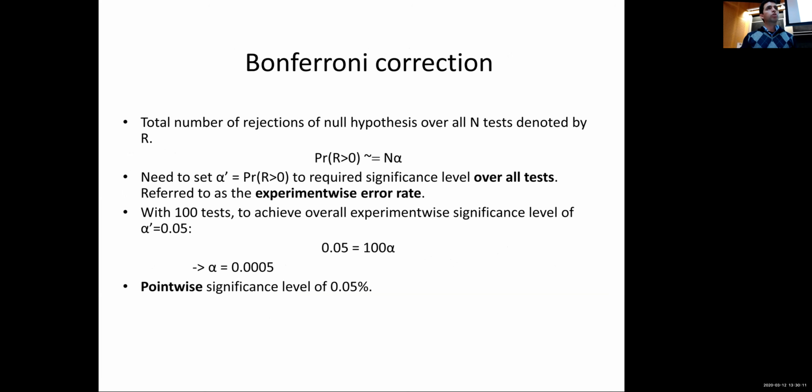And of course, because you're testing 20,000 genes every time, you have to penalize for the number of tests that you're carrying out. So basically what Bonferroni correction does is that it says, if I do 100 tests and I want a p-value of 0.05, then I'm going to divide that by the number of 100 tests.